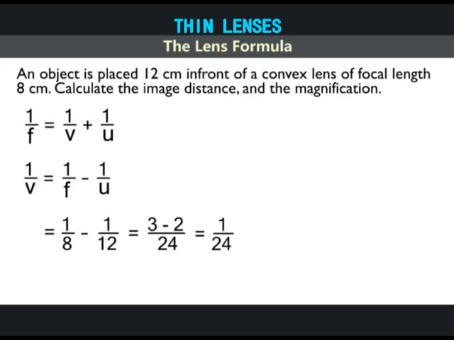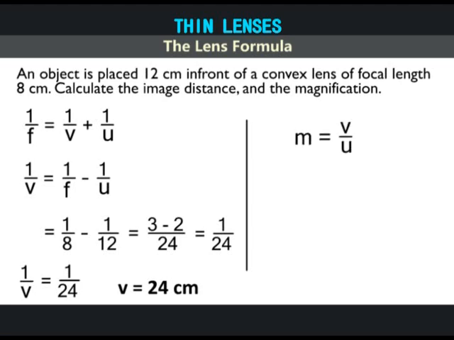So we have 1 over 24. And so 1 over V is equal to 1 over 24, meaning that V is equal to 24 centimeters. Magnification is given by V over U, that is 24 over 12, giving us 2.